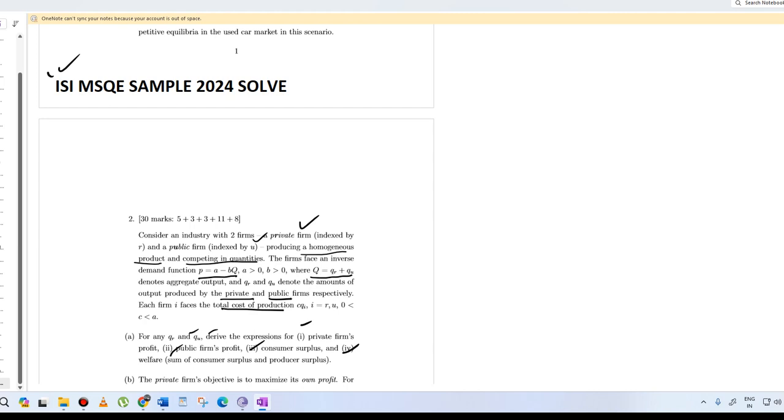So P equal to A minus BQ. Okay, so pi r equal to P QR minus C QR. This is for the private firm.